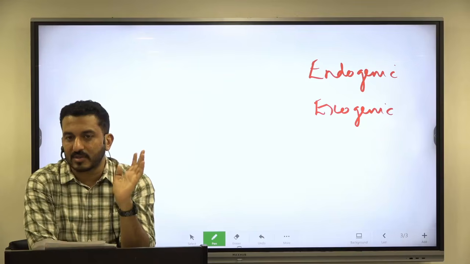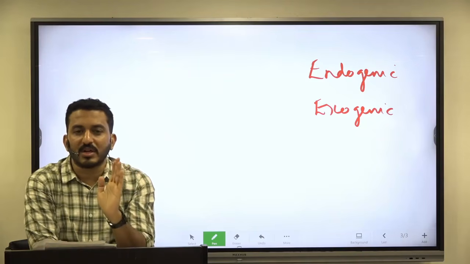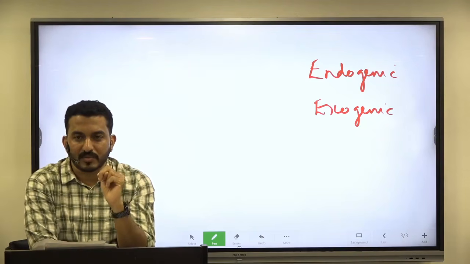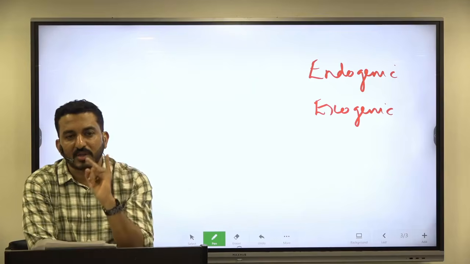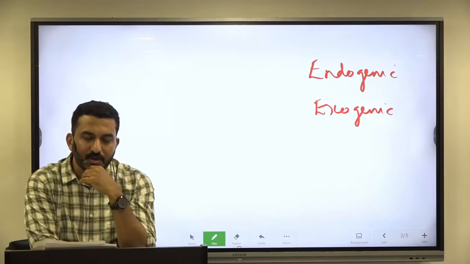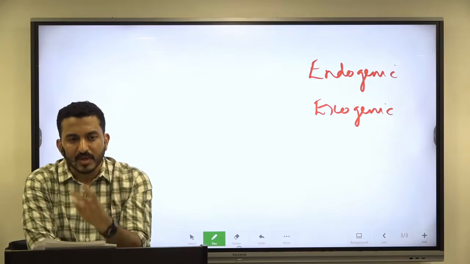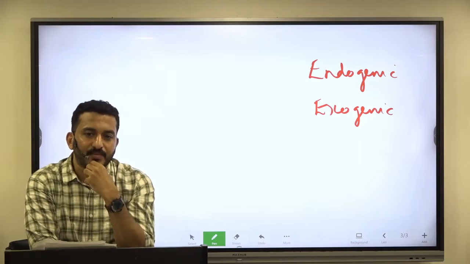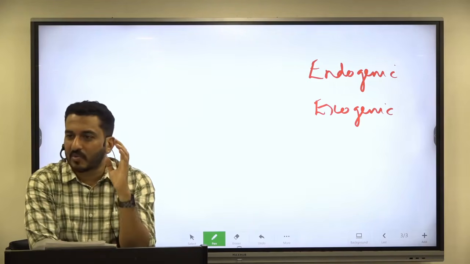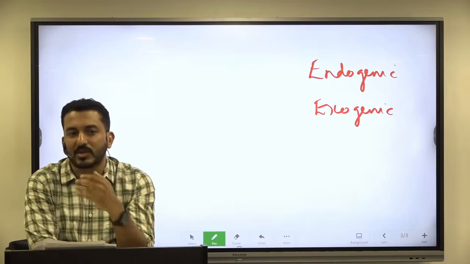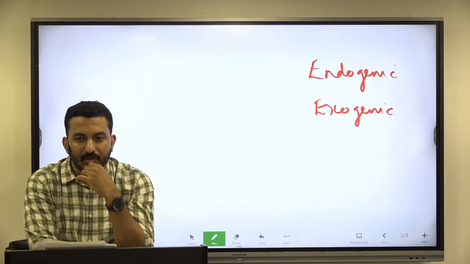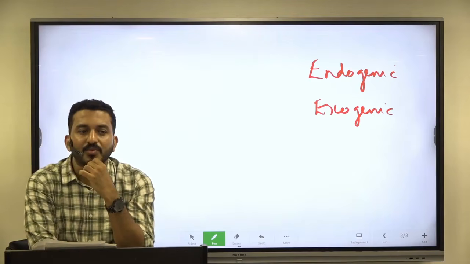All the physical features you see are the resultant of two important forces. One is endogenic force, the other is exogenic force. So endogenic force and exogenic force are constantly shaping the landscape. It is not a one-time event, it is an ongoing process. This much is clear? Yes or no?